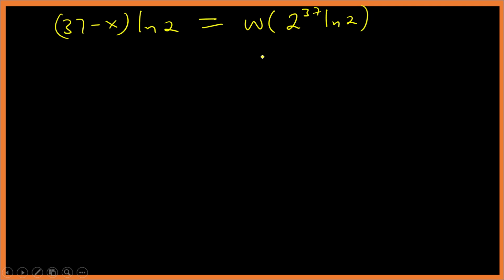Okay, now let's focus on the right hand side. Now I want to see if we can adjust this one so that something important will come out from this. Something important in a sense that we can cancel out. All right, so I'll write this one as W function of 2 to the power 32 times 2 to the power 5 ln of 2.